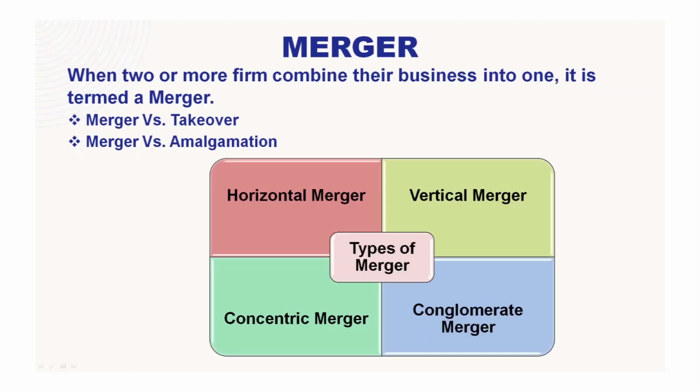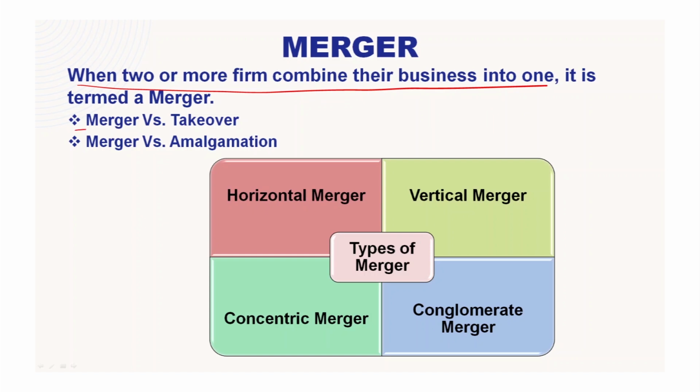Merger and joint venture are two different methods. Under a merger, the firms combine their businesses and become one company. When two or more firms combine their businesses into one, it is termed a merger. Merger can be of four types.